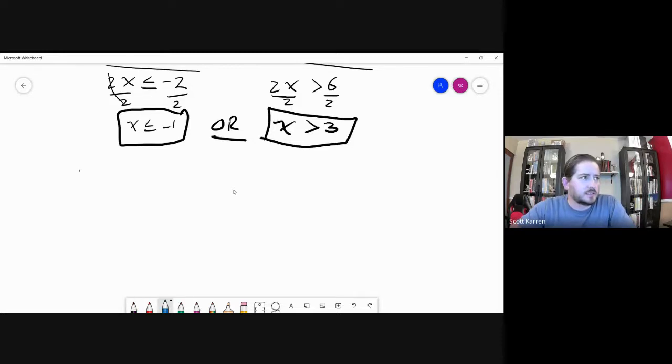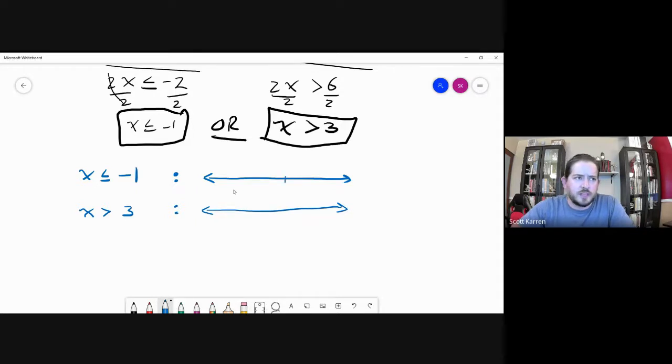Let's do x is less than or equal to -1 in one spot, and then we'll do x is greater than 3 in another spot. Right? So once again, they should line up, 0 should be on top of 0.